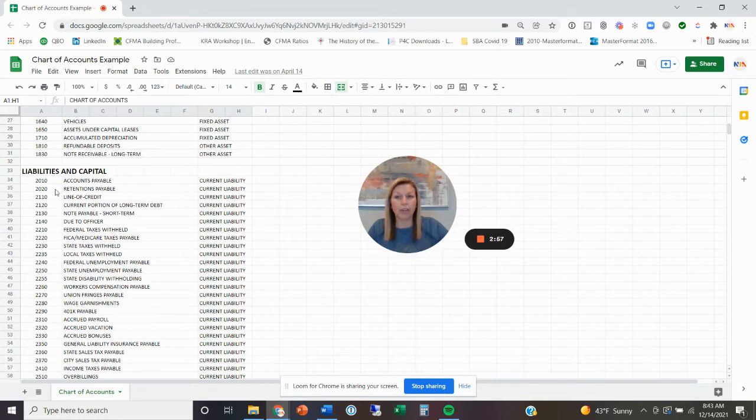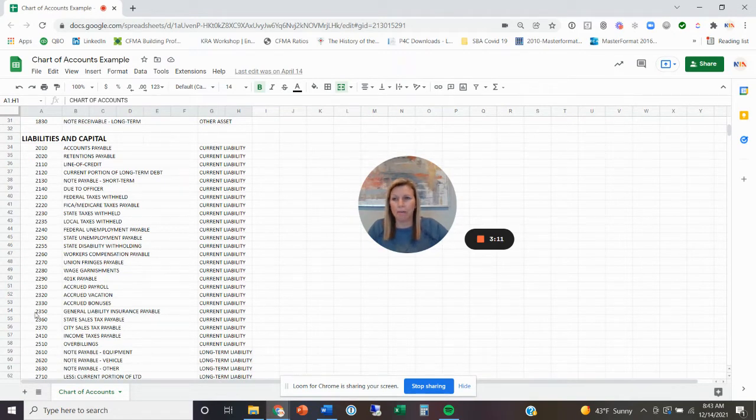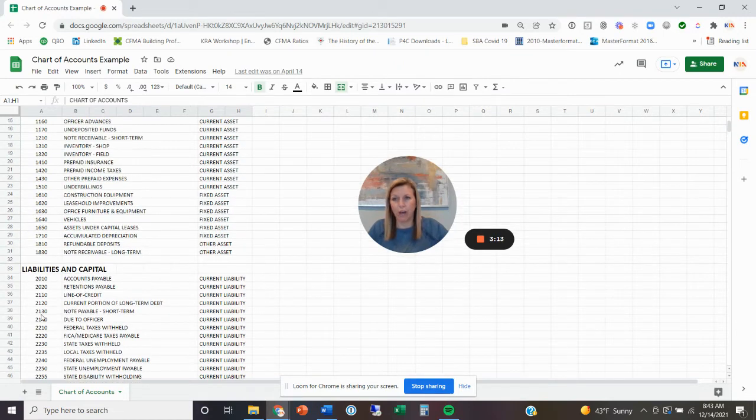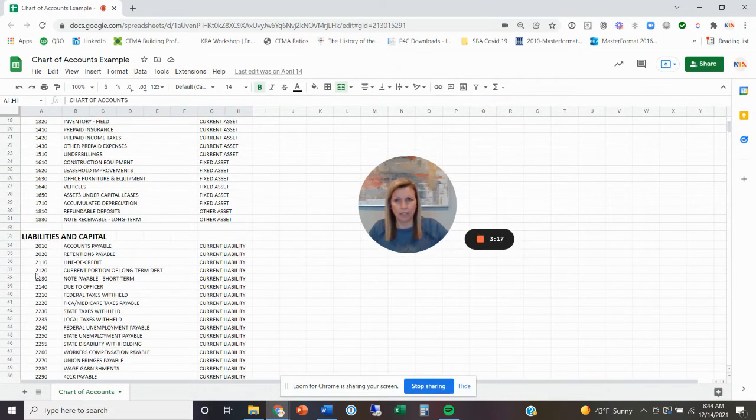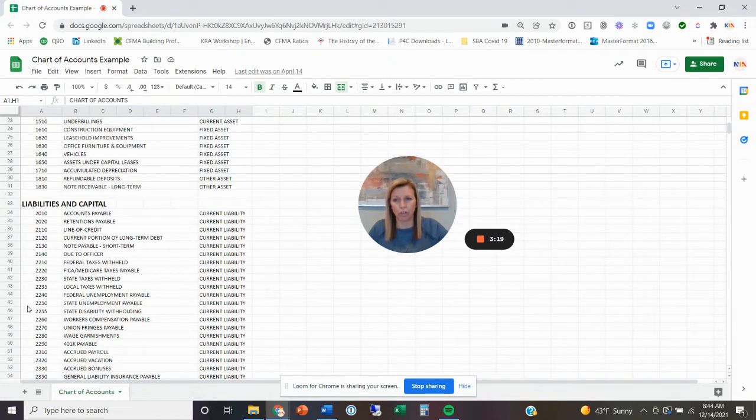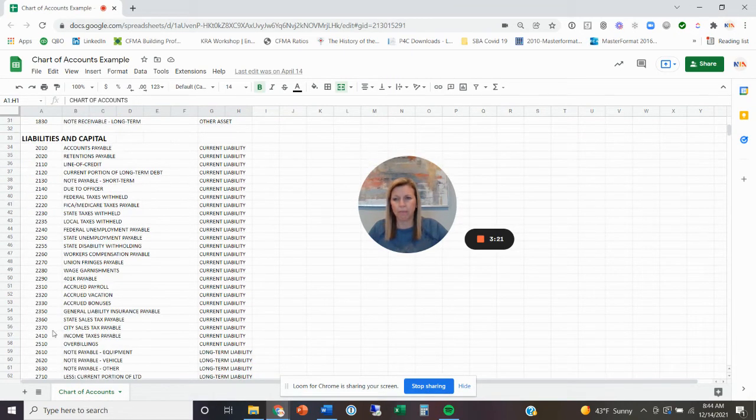So this is going to be your accounts payable, any line of credits, equipment loans, all your payroll liabilities, if you have union fringes as well. You're going to have sales tax payable. I didn't mention if you have a WIP report in your assets, you're going to have underbillings, and in your liabilities, you're going to show your overbilling accounts here.